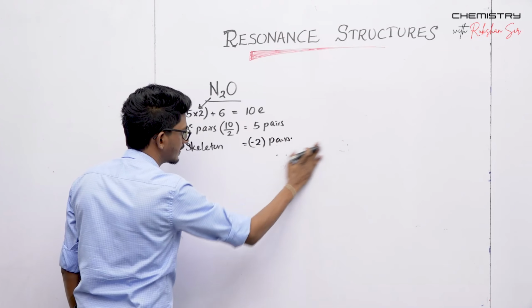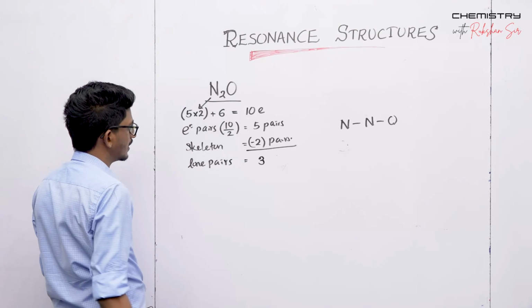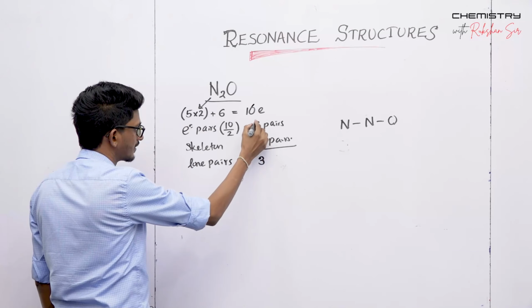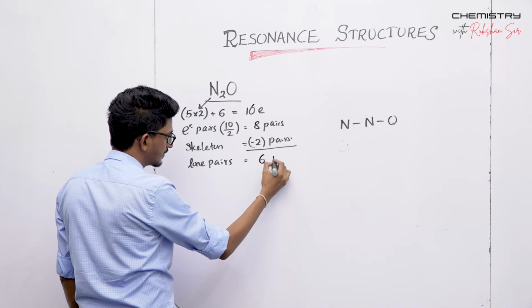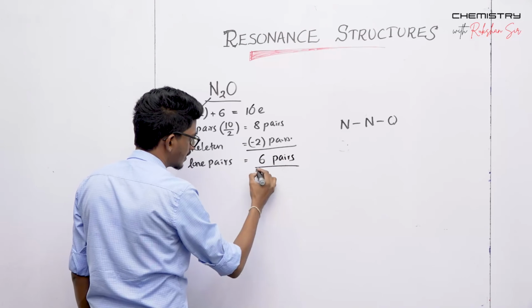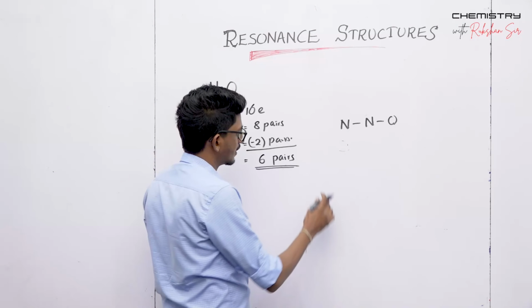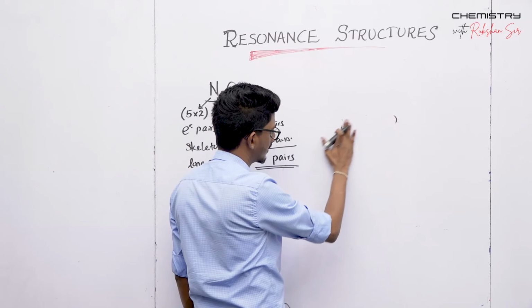The remaining pairs, known as lone pairs, number 6 pairs, so let's give those 6 electron pairs to your skeleton. Sorry, I earlier said 10, but it is 16 electrons, so 8 pairs in total, 2 used for the skeleton, leaving 6 pairs.